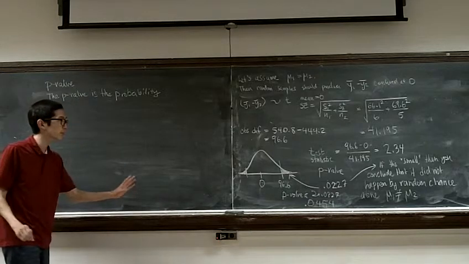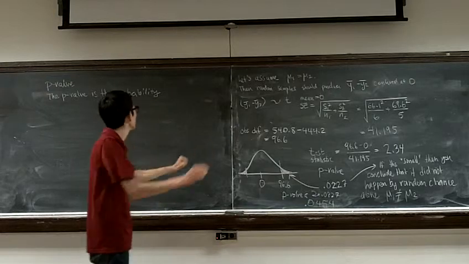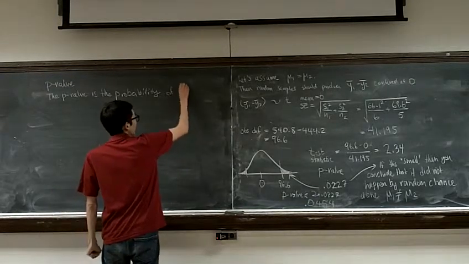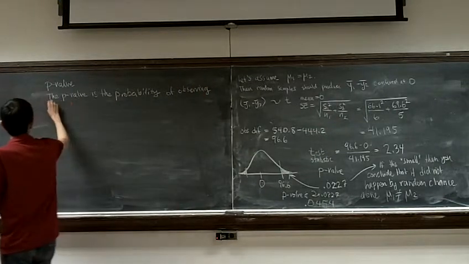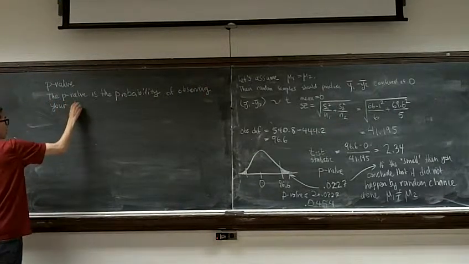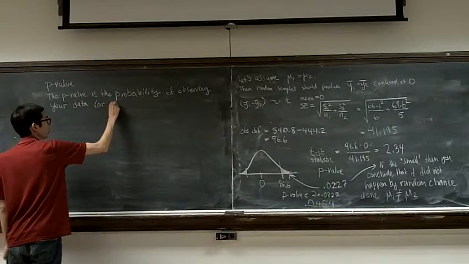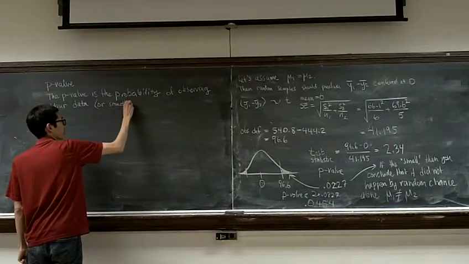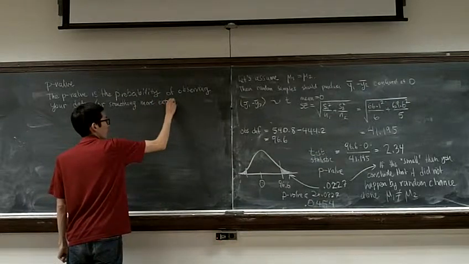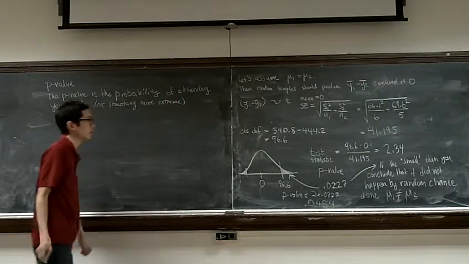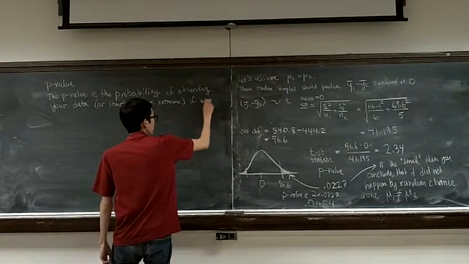It's the probability of observing your data, and we included this class for something more extreme, if we were to assume that the null hypothesis were true.